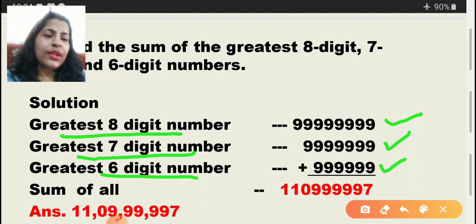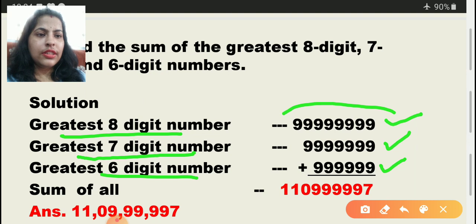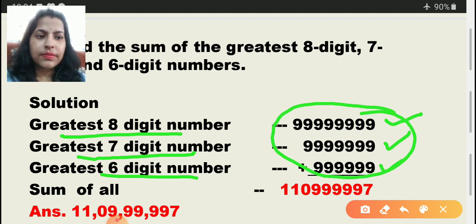Then you check that whatever you have written, these numbers are arranged in the proper columns or not, because you have to add these numbers in a column properly. So you must check the arrangement of the columns.